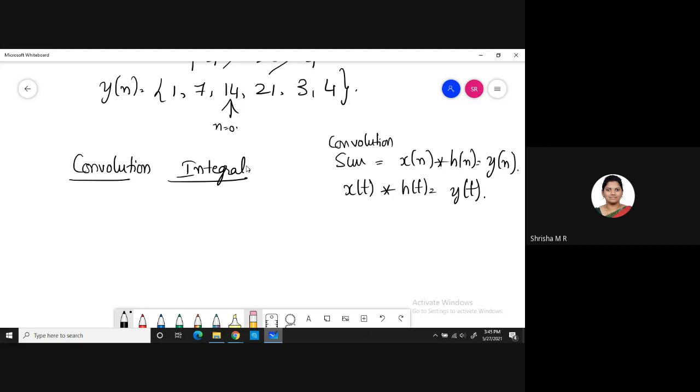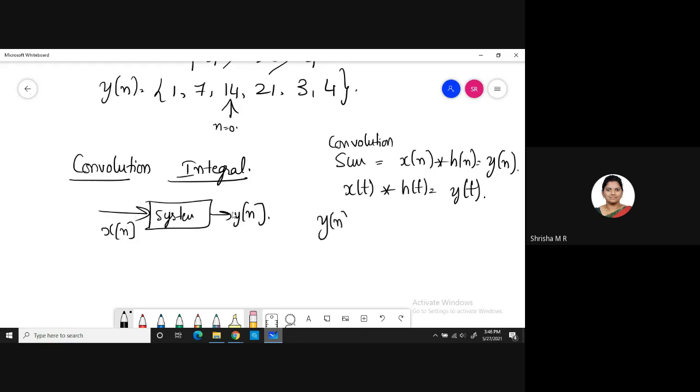Now let us try to derive the expression for this convolution integral y of t. We have seen that in our convolution sum, if you give input x of n to the system, you get y of n, right? Your input signal undergoes some transformation and you get y of n.